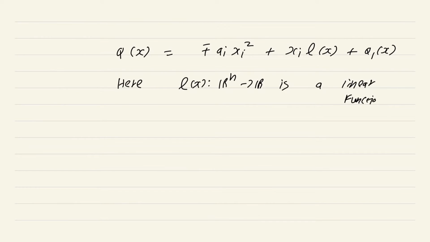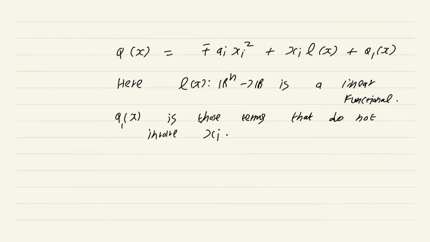It's not such an important point actually. And q1 of x is those terms that do not involve xi. Okay, so far so good. All I have done is I have clubbed together all the terms in which xi occurs except the square term, which I have put separately, taken xi outside, ended up with a linear functional, and all the other terms I am putting together as q1.